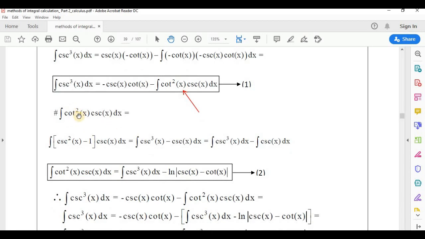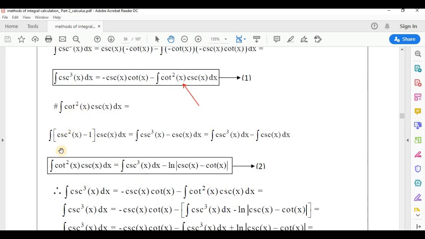We have a quadratic exponent already, so we'll use the formula for cotan squared. The integral will become the integral of (cosec squared minus 1) multiplied by cosec x dx. And after opening the bracket and distributing the integral using the integral properties, we will get this value: the integral of cosec to the power 3 x dx minus the integral of cosec x dx.